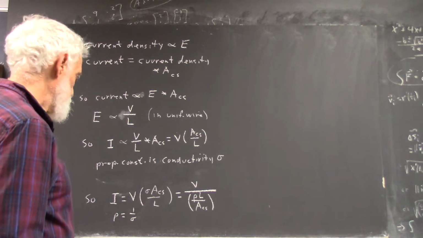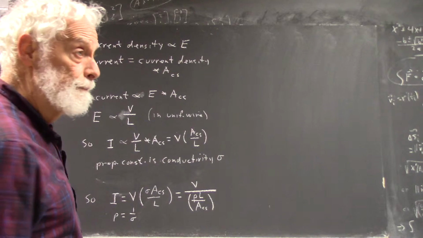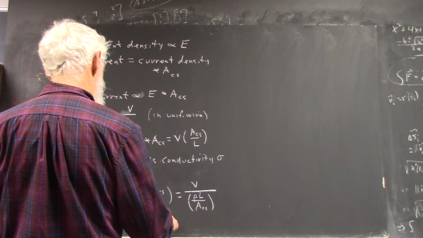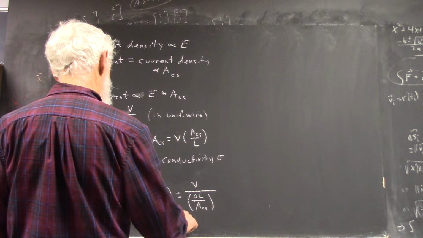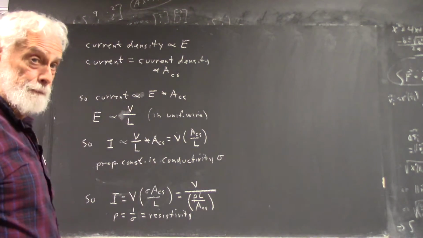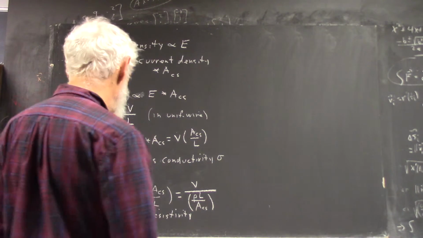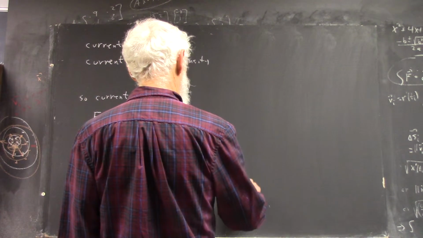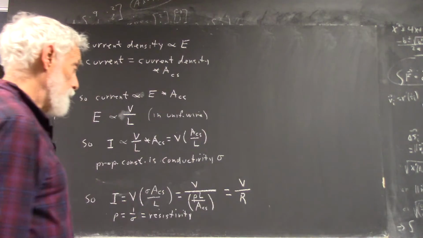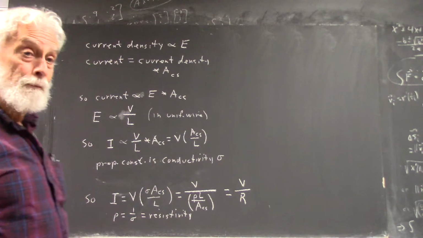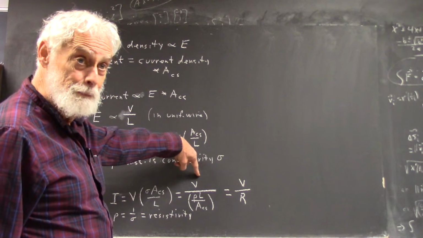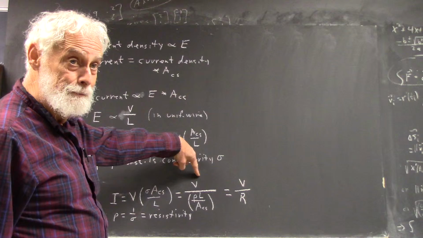Rho is the reciprocal of sigma, which is resistivity. Okay? And then it is natural to call this denominator quantity the resistance, because the bigger this is, the less current you get from a given voltage. Okay?